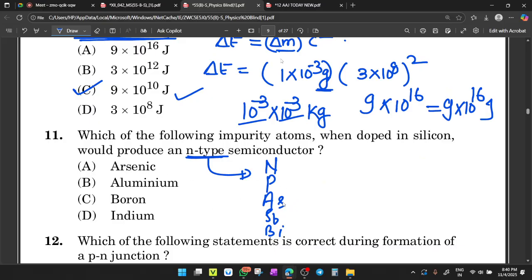Phosphorus is not there. Arsenic, yes, arsenic is there in the first option. So you have to add an N-type impurity, and N-type means nitrogen family impurity: nitrogen, phosphorus, arsenic, antimony, bismuth. So the correct answer is arsenic.